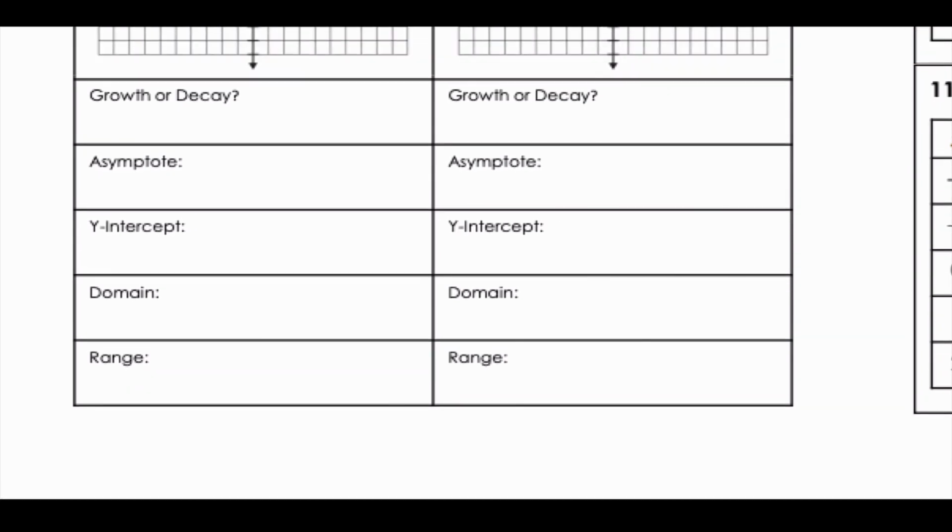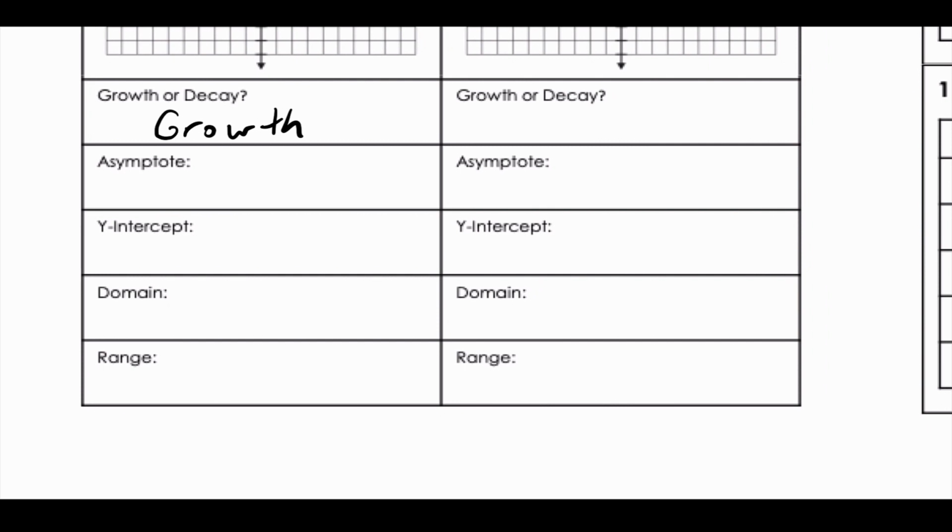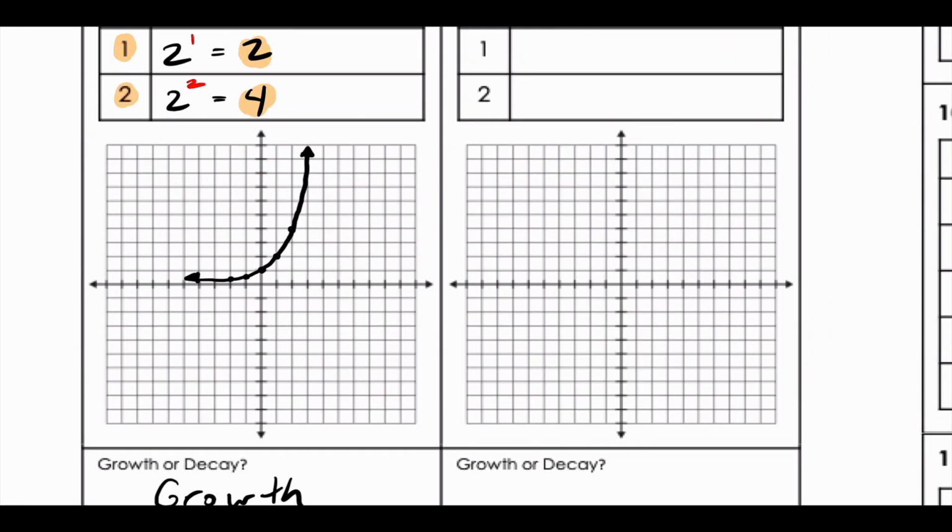So now we answer the questions on the back, on the bottom. First of all, is this an example of growth or decay? Growth, yeah. It's growth. Asymptote. Asymptote is another word for the bottom of the graph.